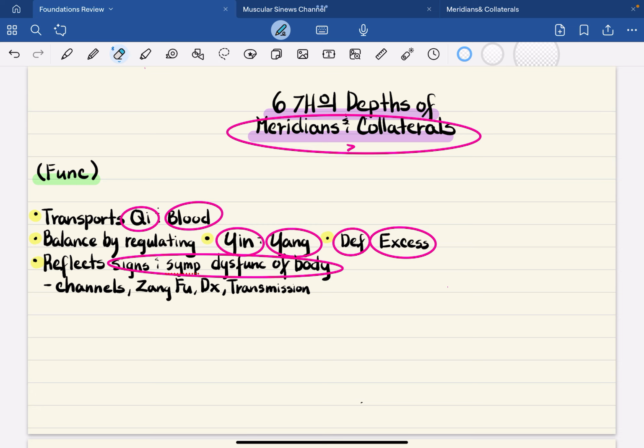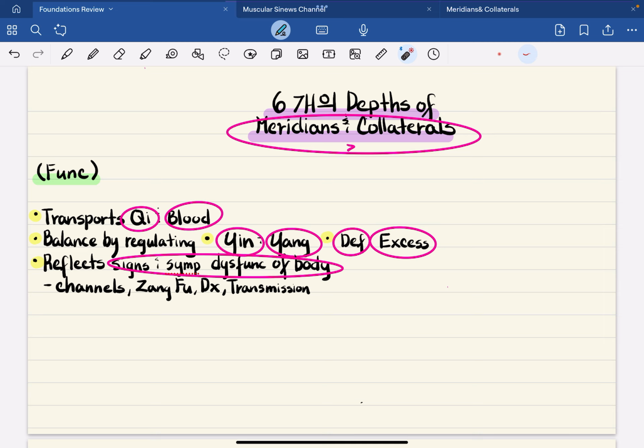Now, we refer to it as meridians and we refer to it as collaterals, right? Meridians are considered to be bigger than collaterals, and that's only because meridians are focusing more on the primary, and the collaterals will be focusing more on the secondary. So that's why we name it meridians and collaterals.